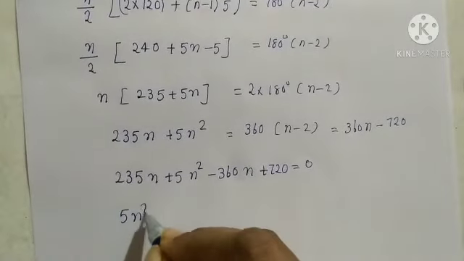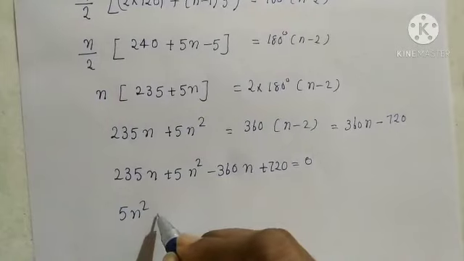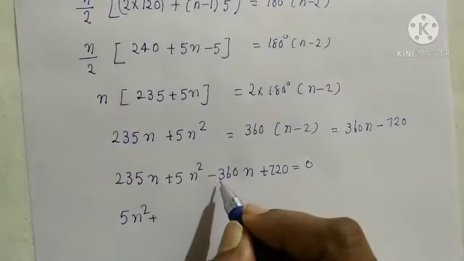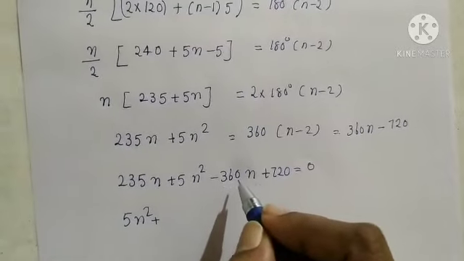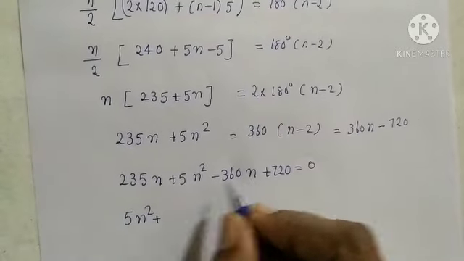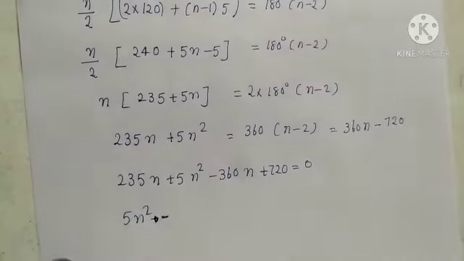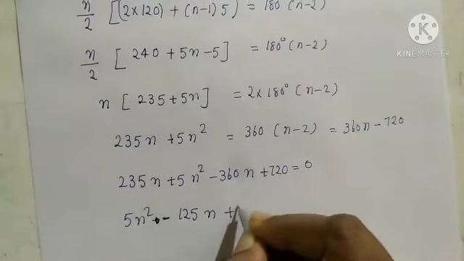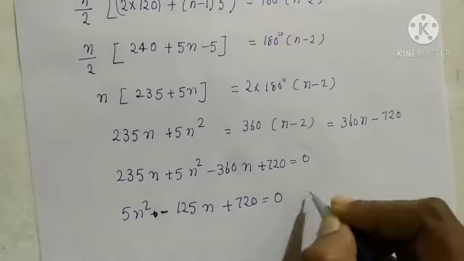So I am rearranging this: 5n square plus 235n minus 360n will become minus 125n, plus 720 equal to 0.